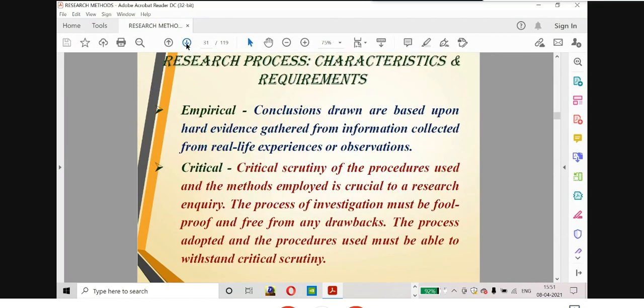Then the next is empirical. Conclusions drawn are based upon hard evidence gathered from information collected from real life experiences or observations. Now, what is empirical? Most of the relationships are based on empirical observations. That means you have certain field data, so you go through that field data.